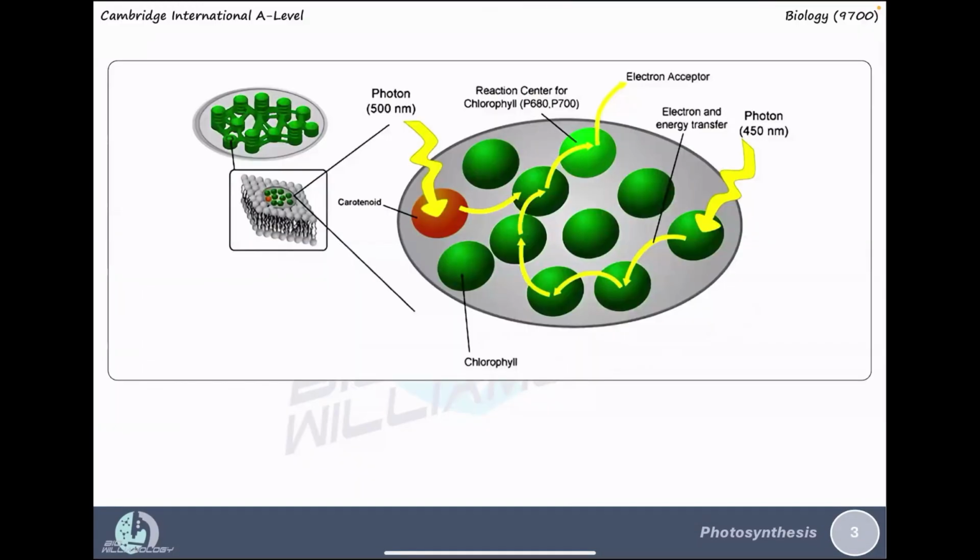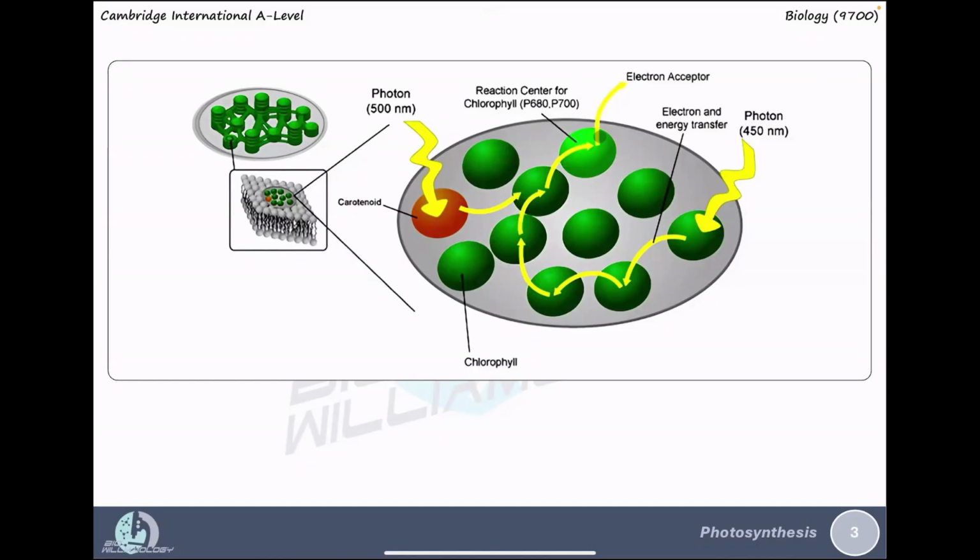This diagram summarizes how a photosystem looks in the thylakoid membrane. In this cluster of photosynthetic pigments, the main pigment that forms the reaction center is a chlorophyll molecule. We will discuss this shortly.